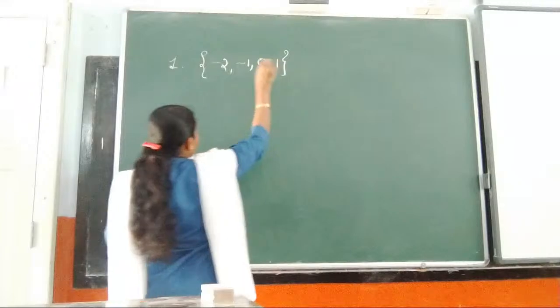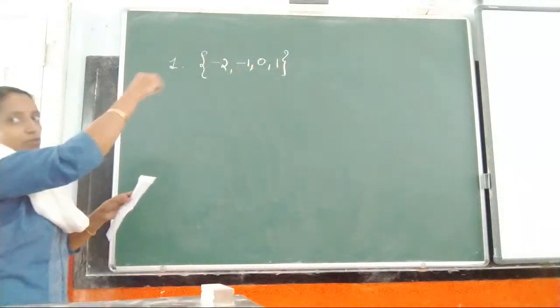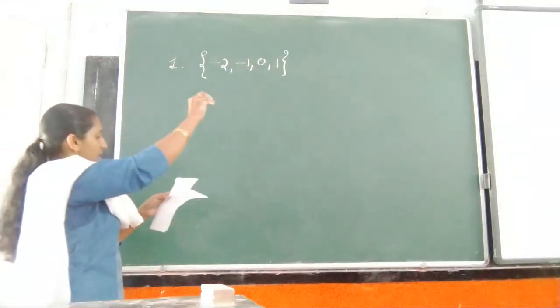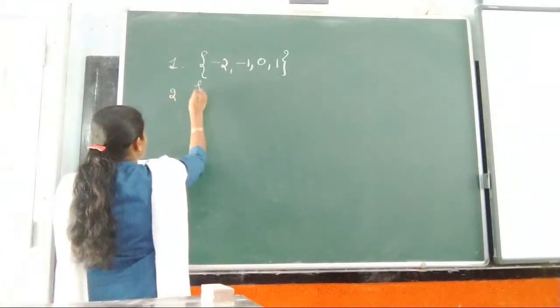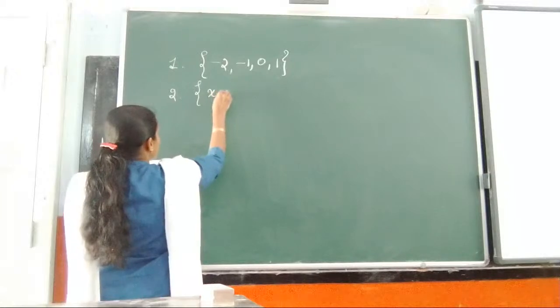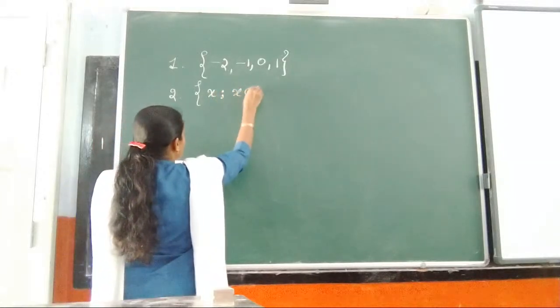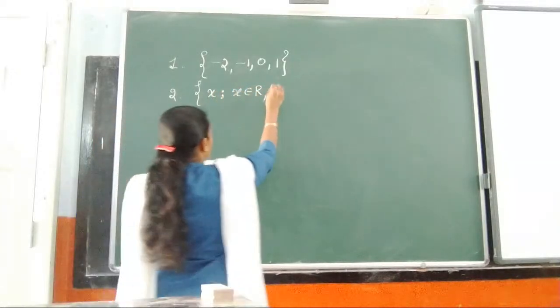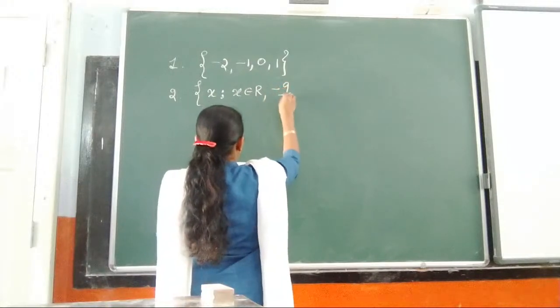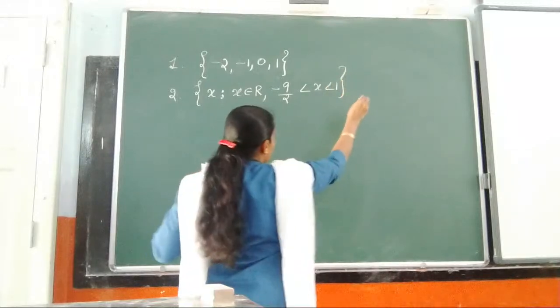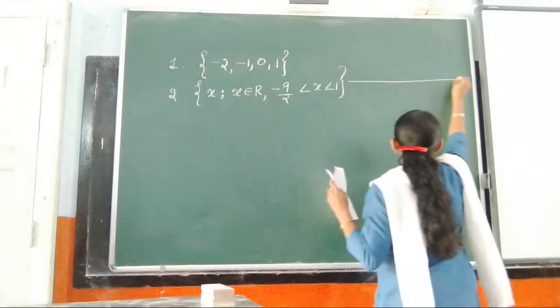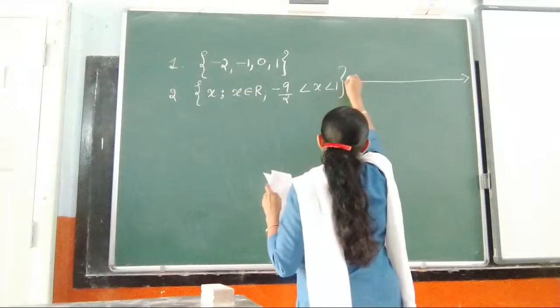You know how to represent it on the number line. And the second question, the answer is x belongs to real numbers, in set builder form: x belongs to R, such that -9/2 less than x less than 1. And here the representation on the number line.